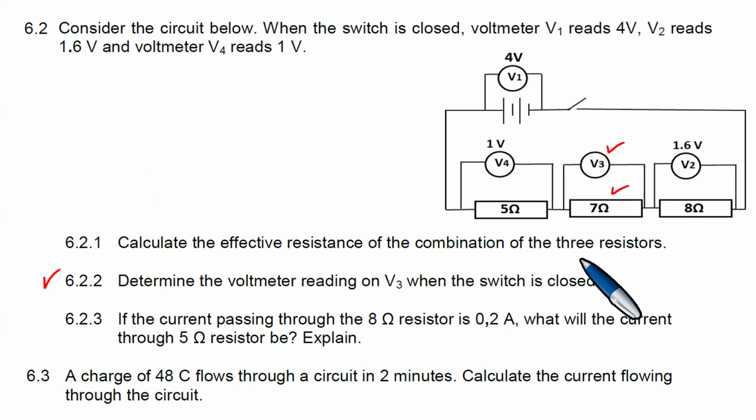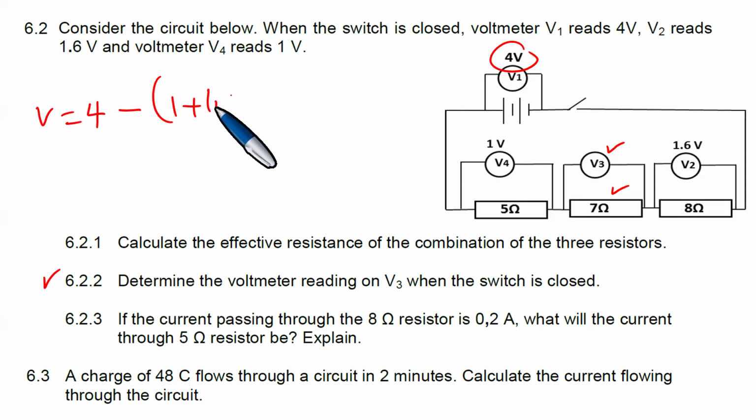We can find it by taking the total potential difference across the battery, which is 4 volts, and subtracting the 1 volt and the 1,6 volts.